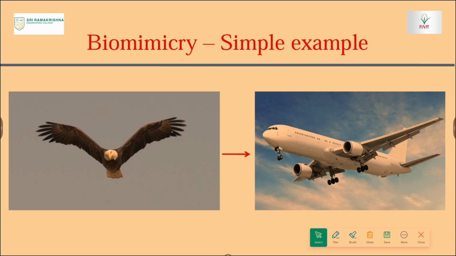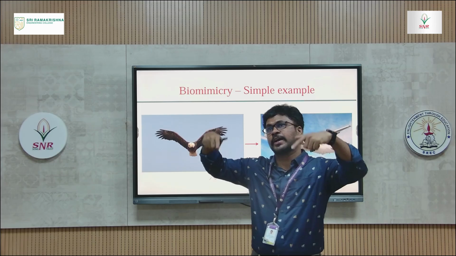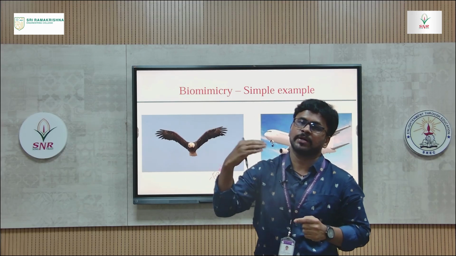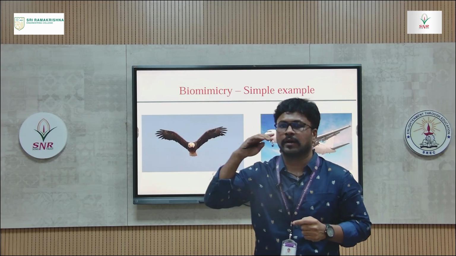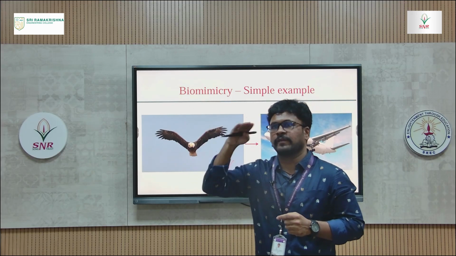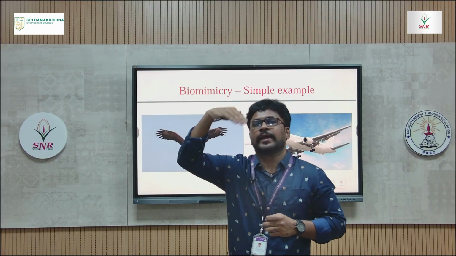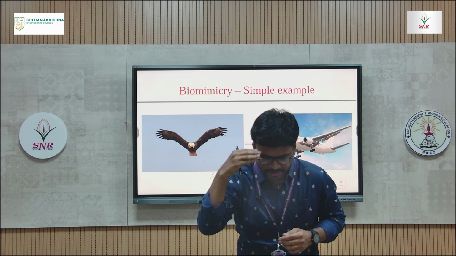This is another example. We can see this is called an eagle. From this we have mimicked so many things. Even the eyes: it can fly at the top of the sky, where other birds cannot fly. There are layers, but the eagle can go into those layers, and its vision is also very good.